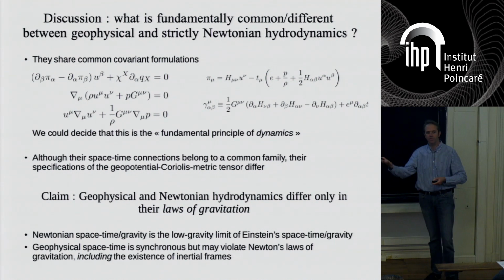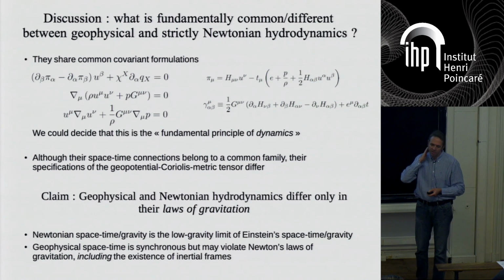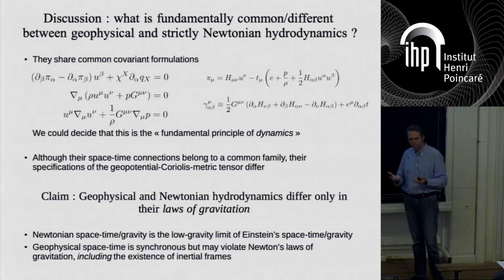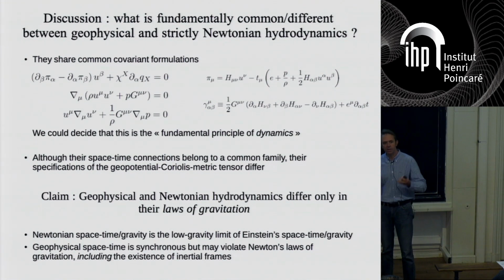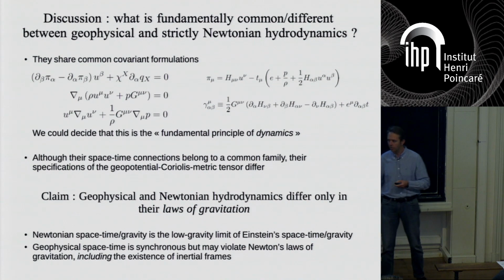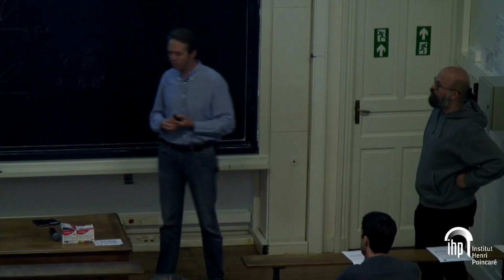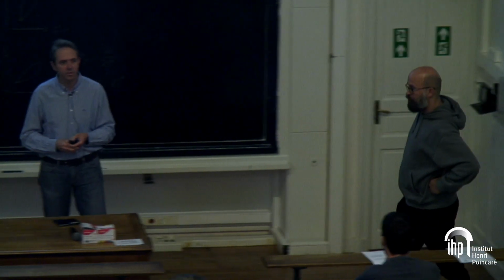So it's not only that the gravitational field has a zero Laplacian, but it's also that space is flat and that we have inertial frames. All three statements are part of a theory of gravity. Okay, so in that sense, I think geophysical dynamics is Newtonian.